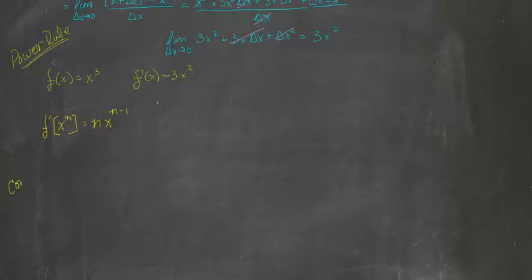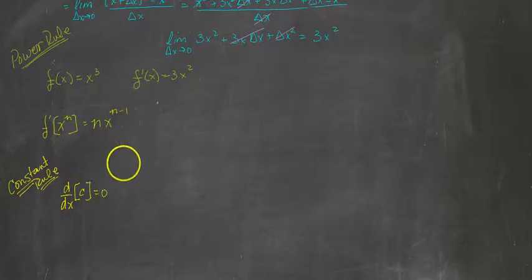So let's do another. We have the constant rule. The constant rule says that if you want to take the derivative of a constant, it equals 0. But let's look at why. I think this one needs a little explaining as well.